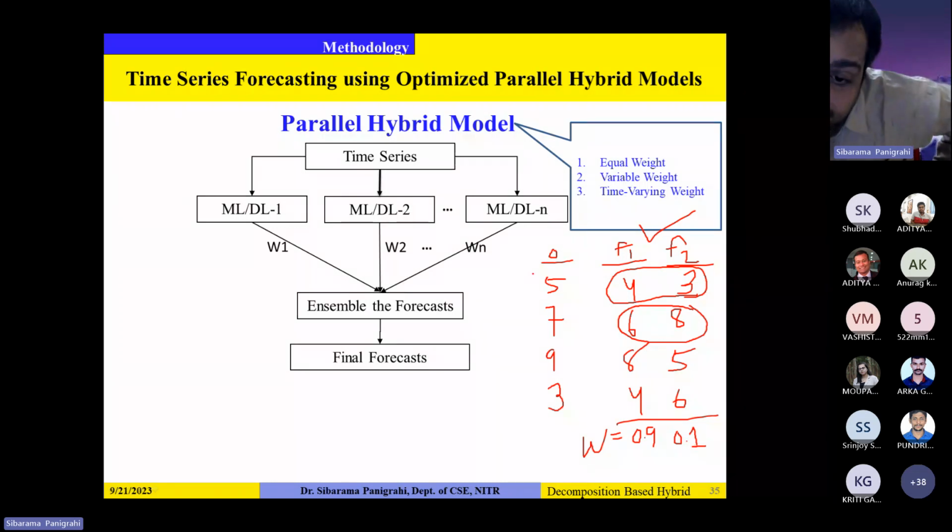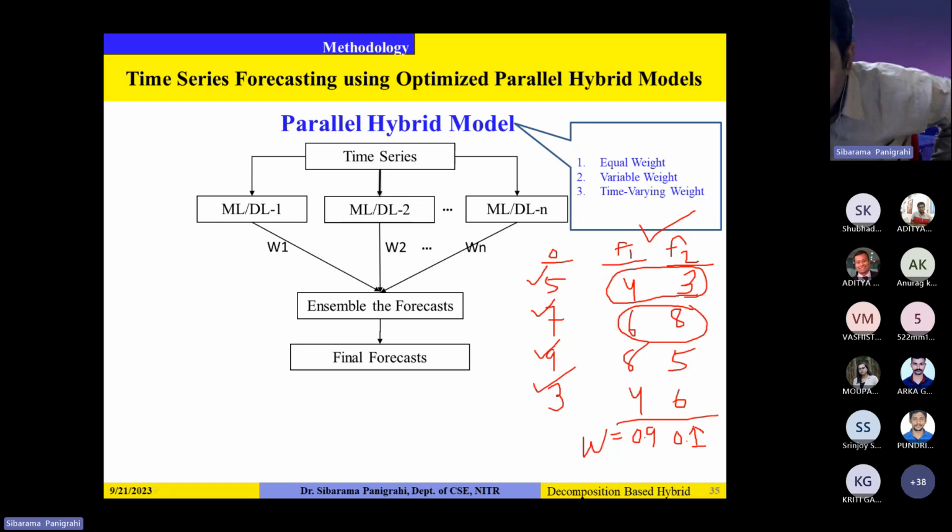But here you see, at different time instances, we are giving the same weight. Although the weights are different, we are using the same variable weight at different time instances. So the researchers thought, why not give time varying weight?